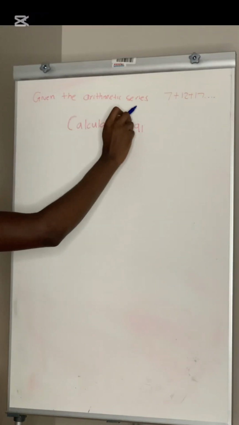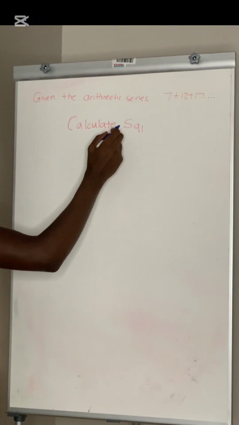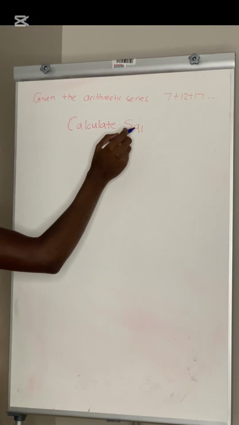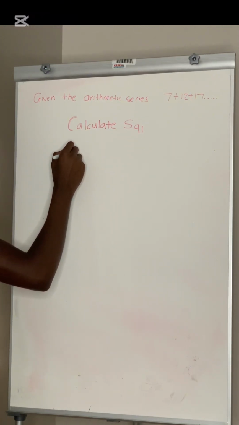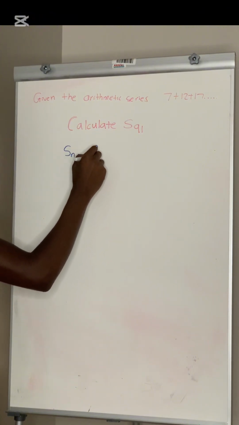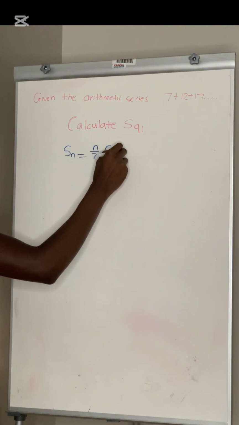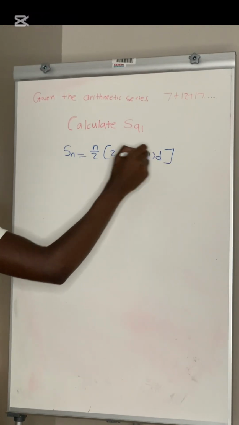We're given the arithmetic sequence 7 plus 12 plus 17, and we're asked to calculate the sum of the first 91 terms. So the formula for the summation of an arithmetic sequence is Sn is equal to n over 2 into 2a plus n minus 1 times d.